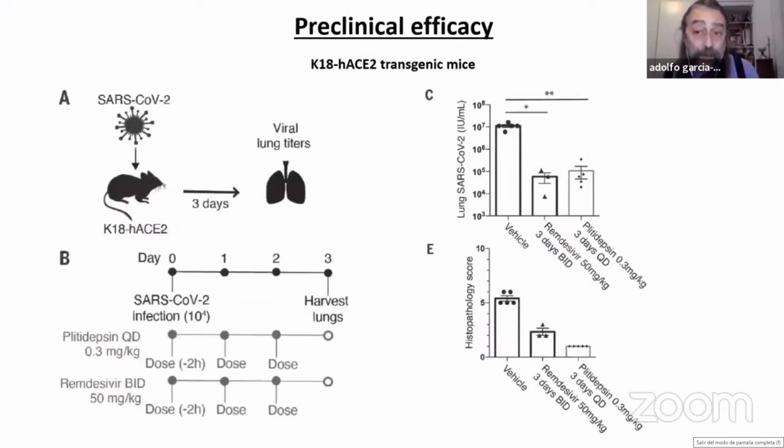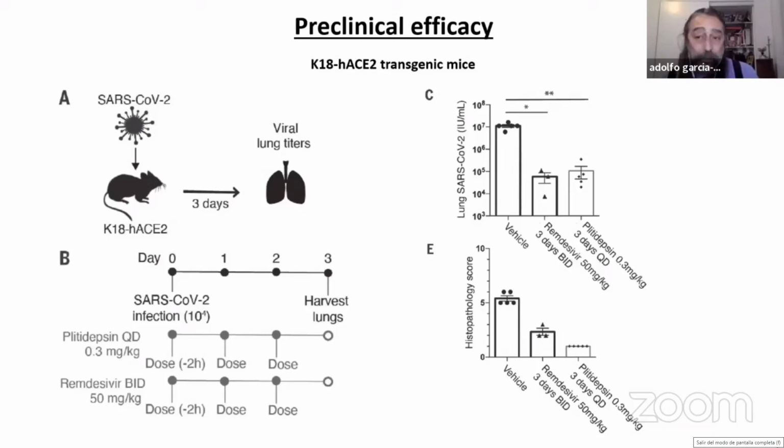For in vivo, we use animal models of SARS-CoV-2 replication and disease. One of the ones that has been most useful for that has been mice that are transgenic for human ACE2. The reason why we need to use transgenic mice is because mouse ACE2 is not a good receptor for SARS-CoV-2.